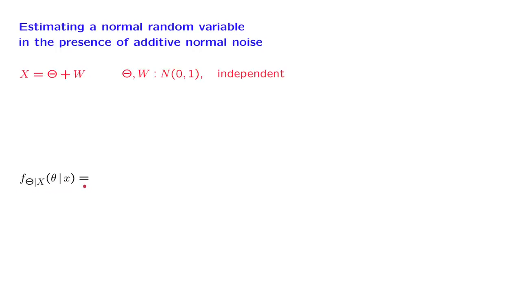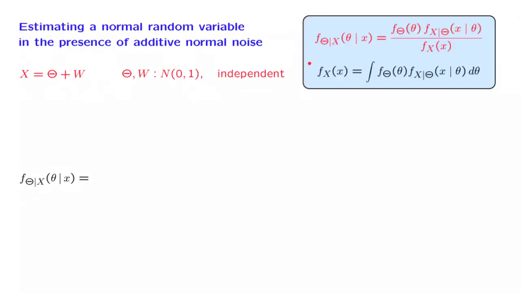To calculate this posterior distribution, we invoke the appropriate form of the Bayes rule. We have the prior of theta, it's a standard normal. Now we need to figure out the conditional distribution of X given theta. What is it?